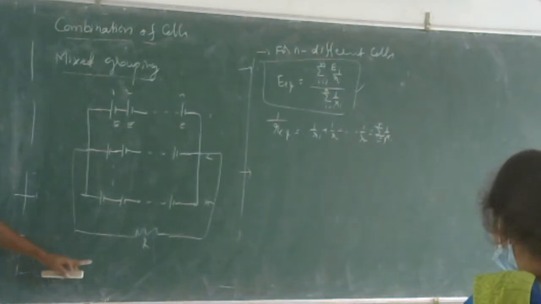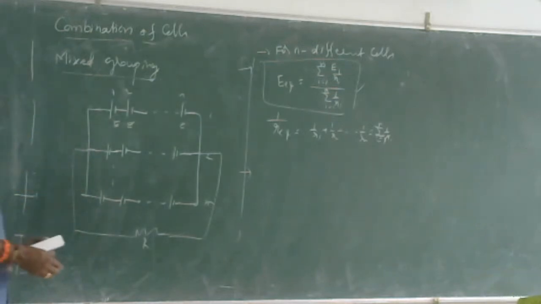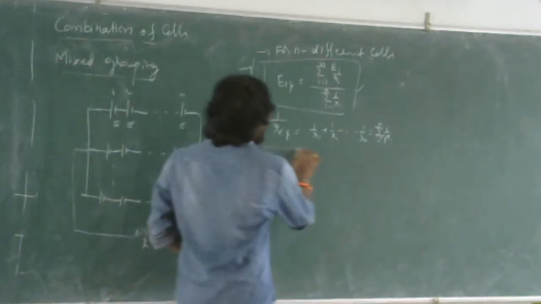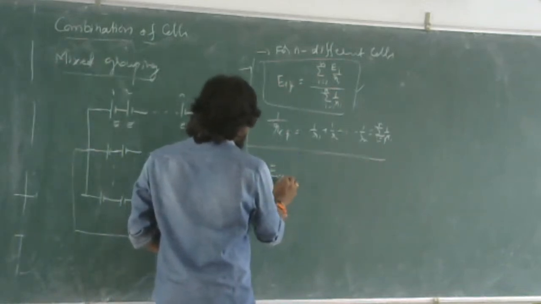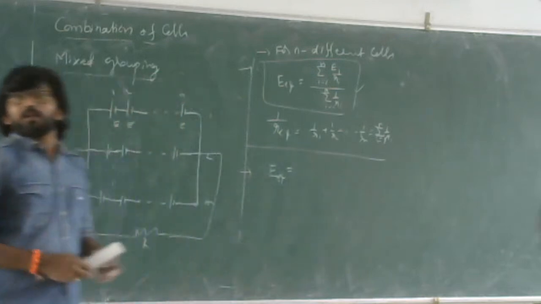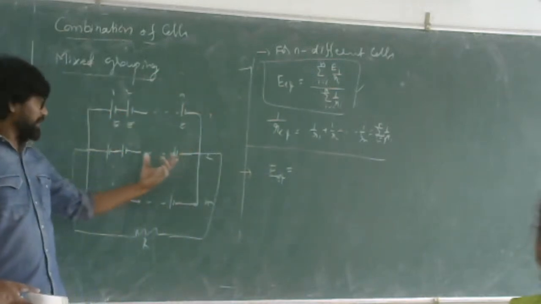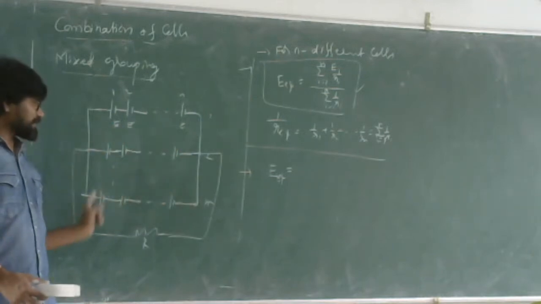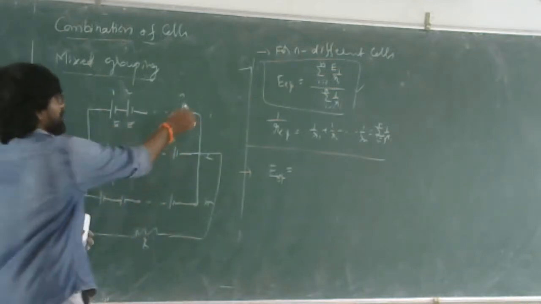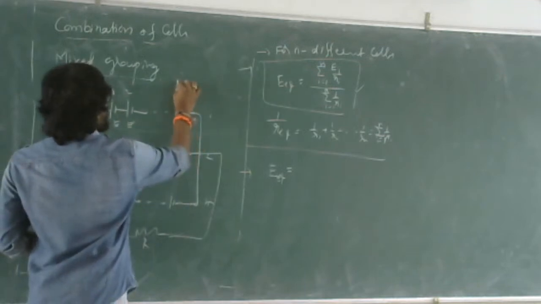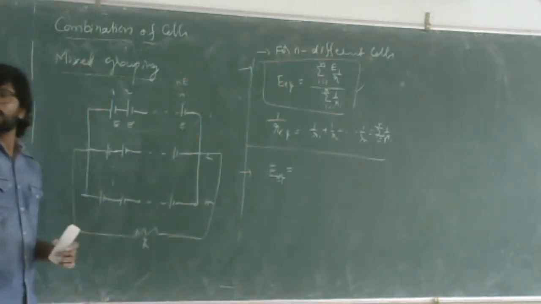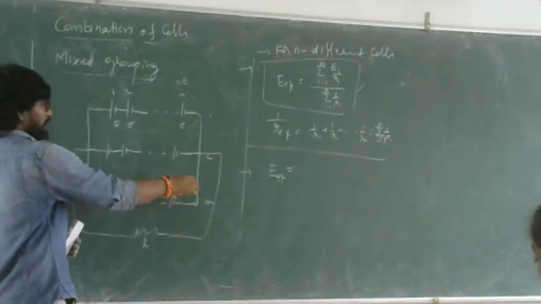Then what is the current through it and what is the effective EMF of this? You have to take the effective or equivalent EMF of this. Then you have to replace all this with one. So what is the effective EMF of all these? n into E. This is also nE.